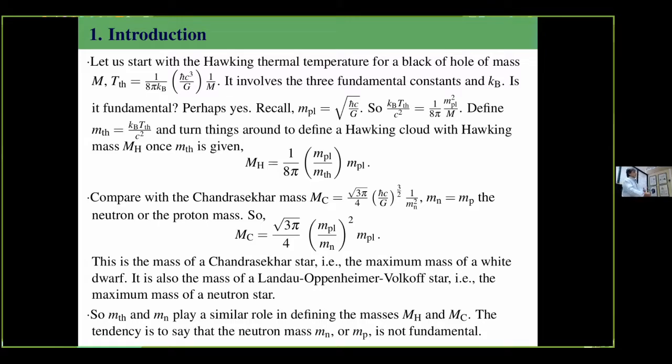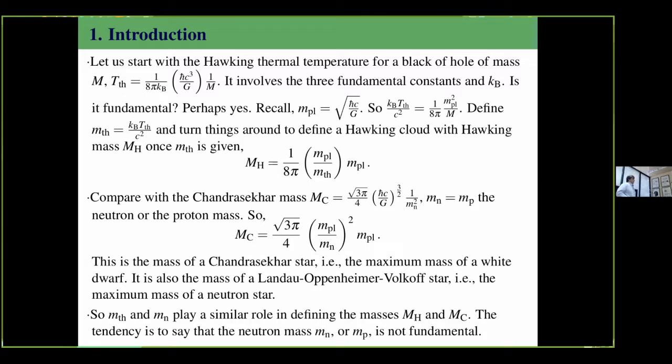And we can turn things around and define a Hawking mass m_H, H for Hawking or for hole, once the thermal mass is given. So m Hawking is equal to m Planck over m thermal times m Planck.